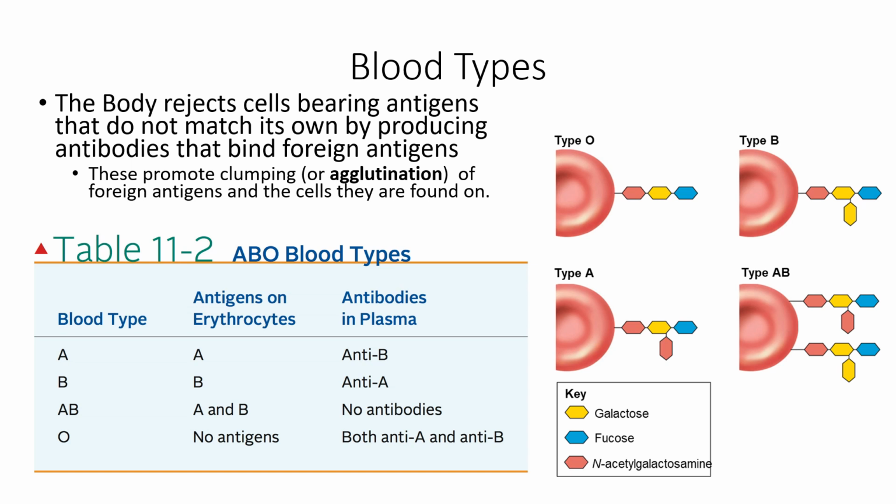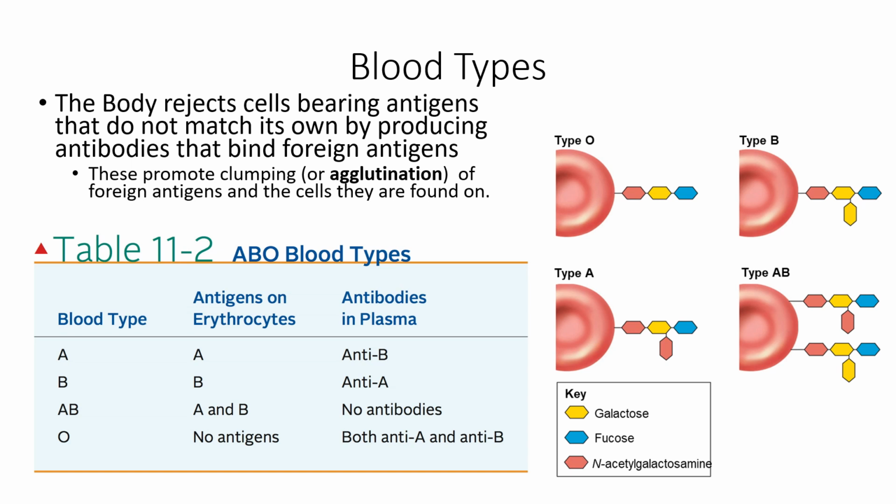An individual who has an AB blood type will not produce antibodies against A or B because their erythrocytes already have both of these antigens, and therefore both of these antigens are recognized as being part of them and not foreign.